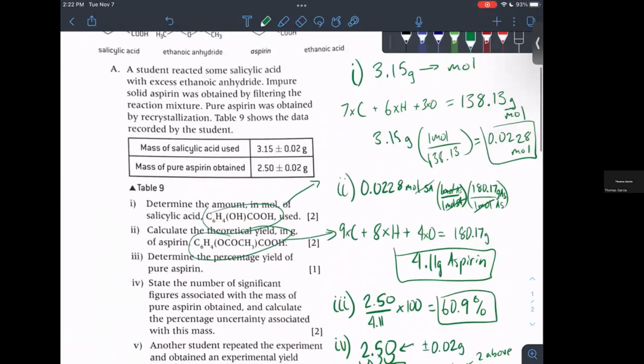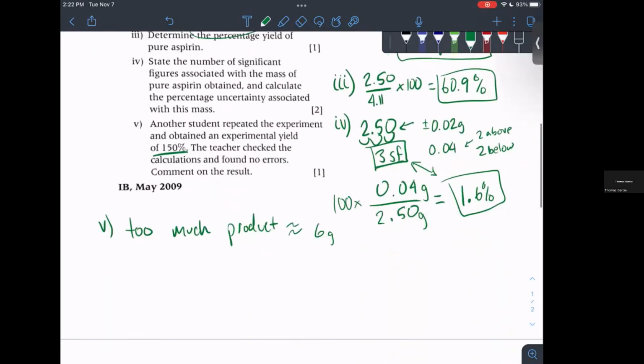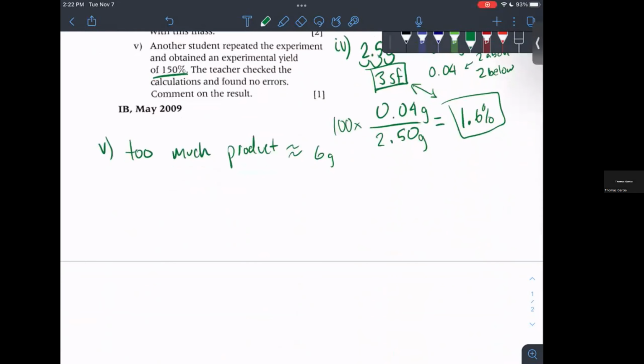Well, the first thing they say is that they get impure aspirin by filtering, and then they recrystallize. So we would likely say that we have an impure result. This isn't pure aspirin. We've got some excess stuff. Furthermore, this was done by recrystallization.